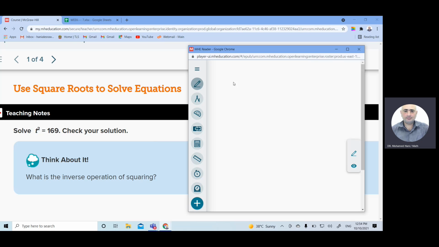Solve t squared equals 169. This is the first time for you to solve this type of equation. This includes a squared term. How to solve this equation?